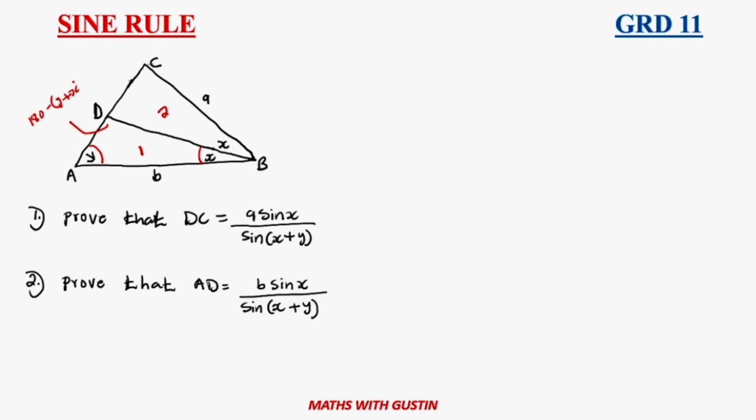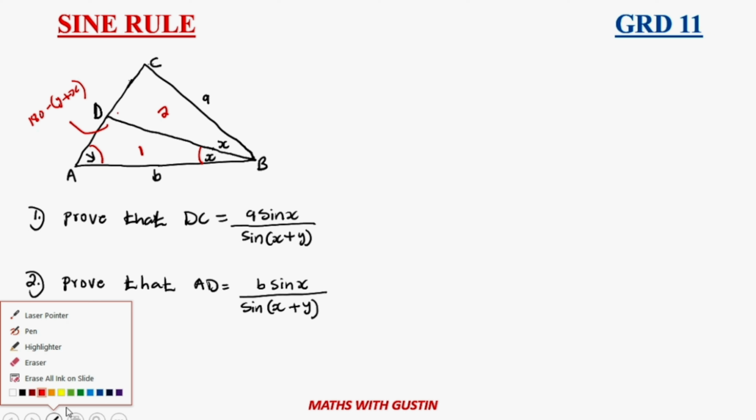So we know this directly. Therefore, where D is sitting, we can calculate this angle right here. I'm going to mark it with a different color so that we can understand what we're talking about.